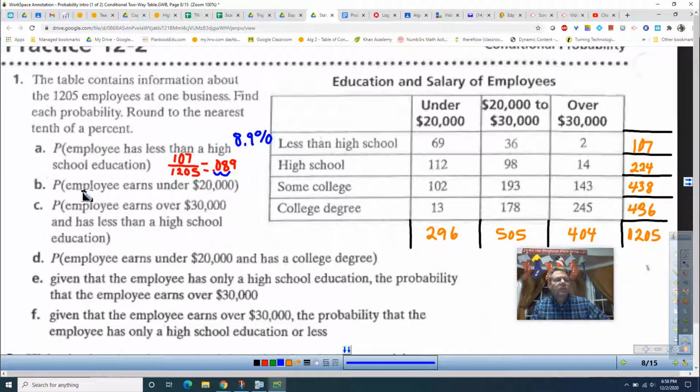So we got our employee earns under $20,000. Okay. So this is out of the entire company still, right? And so how many employees out of this entire company earn under $20,000? Well, it's all four of those guys. And so that's 296.